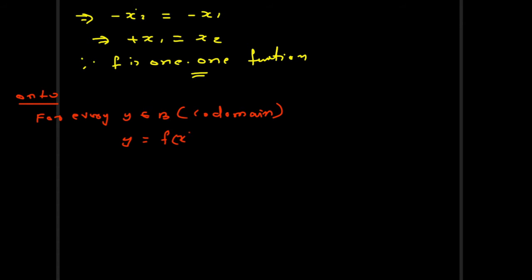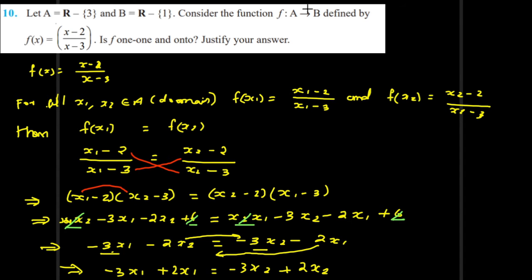So this step is very important. So y equal to f of x, which is (x minus 2) by (x minus 3). Clear? We check this, (x minus 2) by (x minus 3).